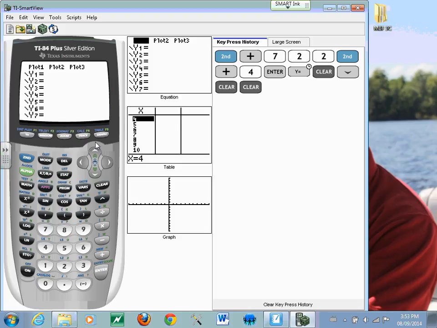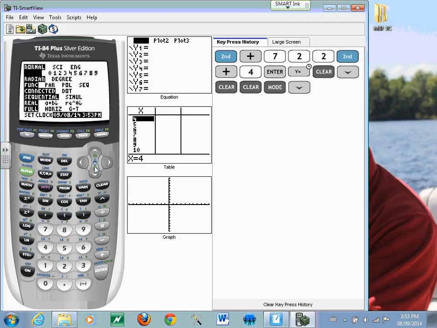Sometimes it asks you to be accurate to a certain number of decimal places. So right now I'm going to hit mode, and I'm going to go down to float and over to 2, which means I'm going to set the calculator to 2 decimal places. And I press enter. Now that we've reset everything, okay, if I hit enter, we should be good.